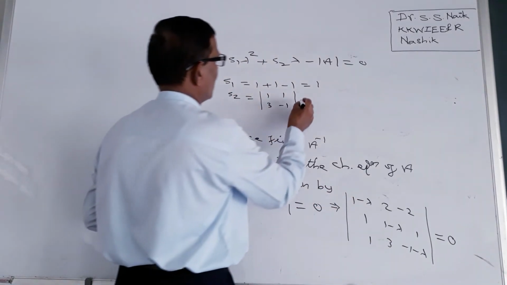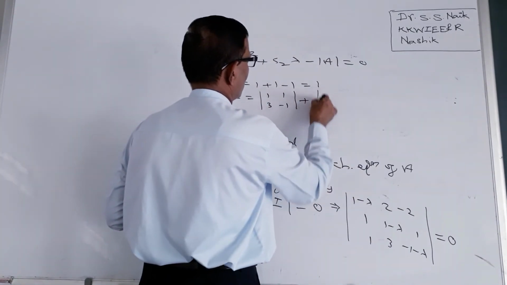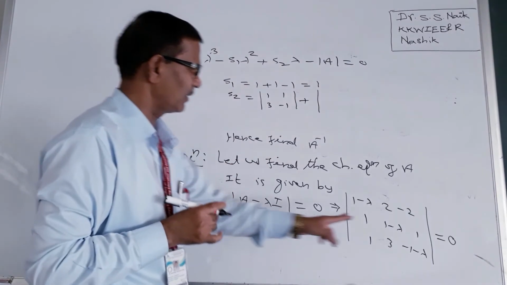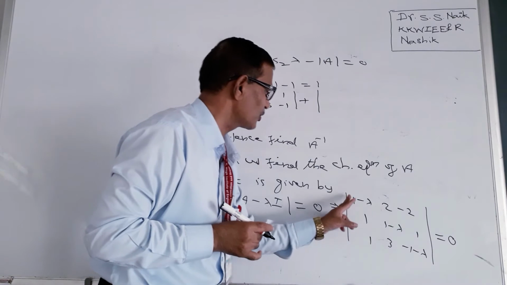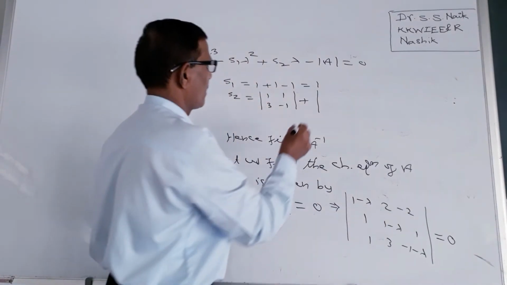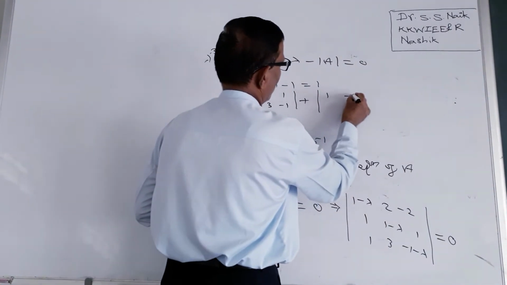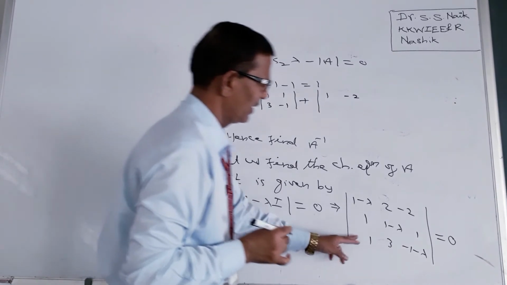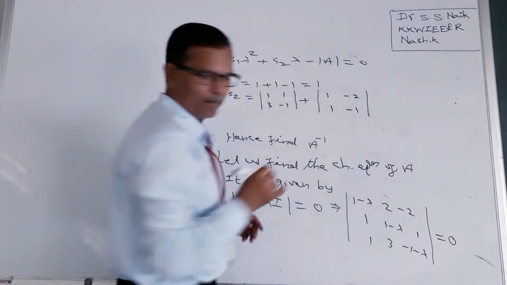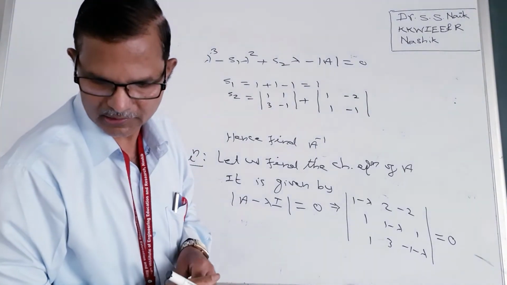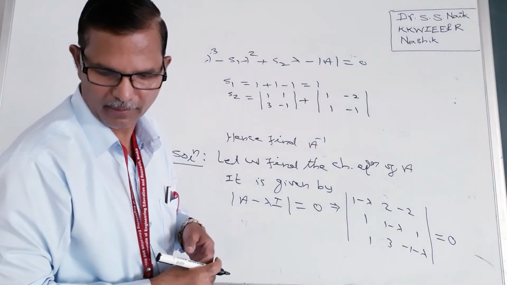Then plus the minor of the second element, delete this row and this column, giving 1 minus 2, 1 minus 1.